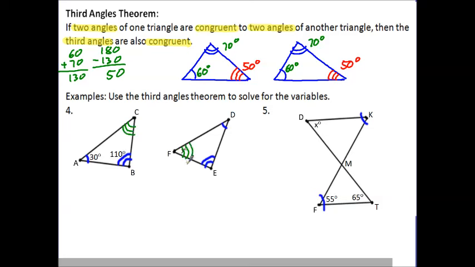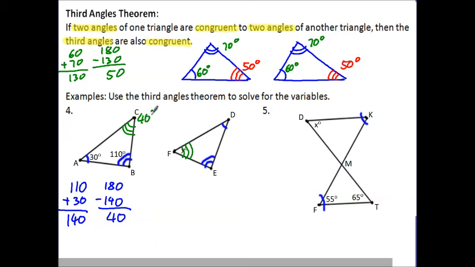Well, first we need to figure out what angle C is, and then we can also derive from that what angle F is going to be. In other words, 110 plus 30 is 140, and that means that angle C has to be 180 degrees minus 140, which is 40 degrees.